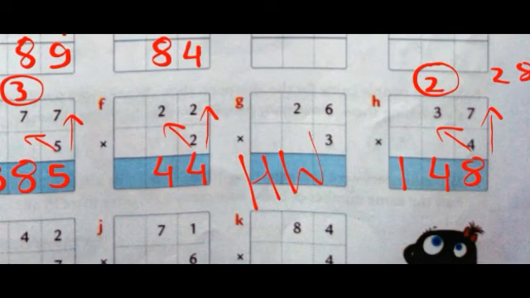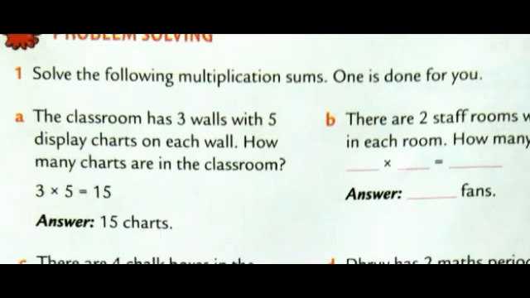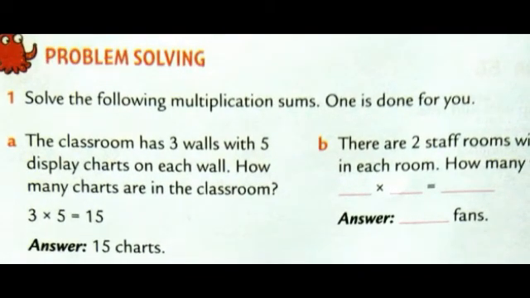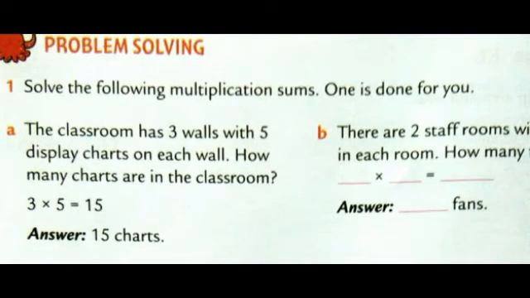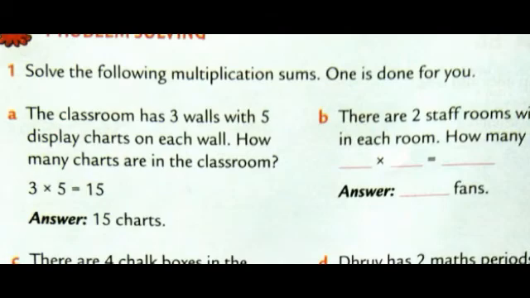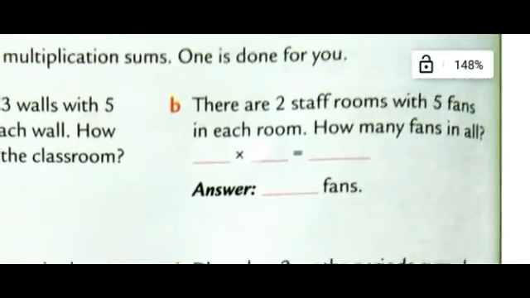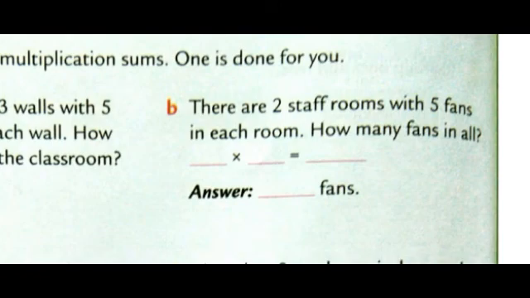Okay. Now moving on to the last page of this chapter, that is problem solving. Solve the following multiplication sums. One is done for you. This one is already done. We will start with this one. There are 2 staff rooms with 5 fans in each room.